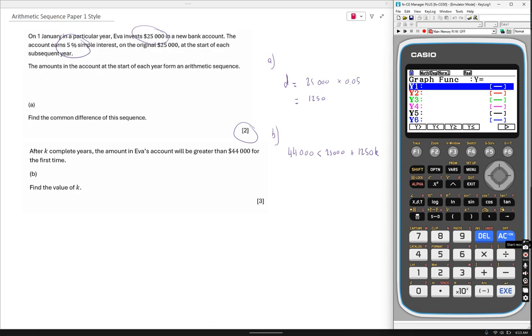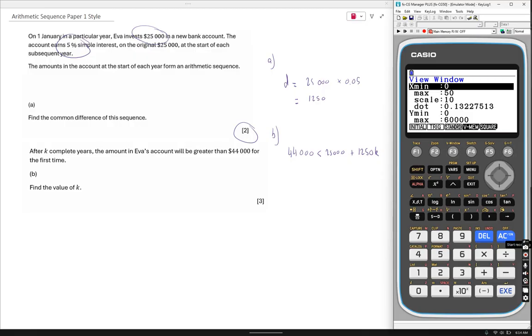So we're going to have y is less than. So I'm going to press the second option, y is less than. Now I'm going to type in my equation, 25,000 plus 1,250 times x, press equals. Let's draw that and see what we get.